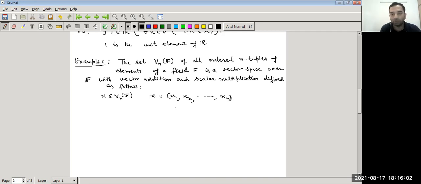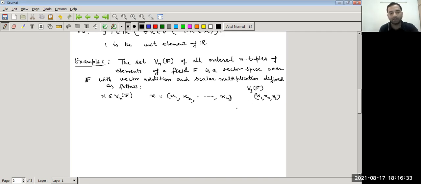If we have only two elements x1, x2, then it is a two-tuple. If we have three elements x1, x2, x3, then it is a three-tuple, and we can write this as V3(F). If we write V4(F), the elements are x1, x2, x3, x4, so it is called a four-tuple. So an n-tuple means an ordered set of n elements x1, x2, x3, ..., xn.